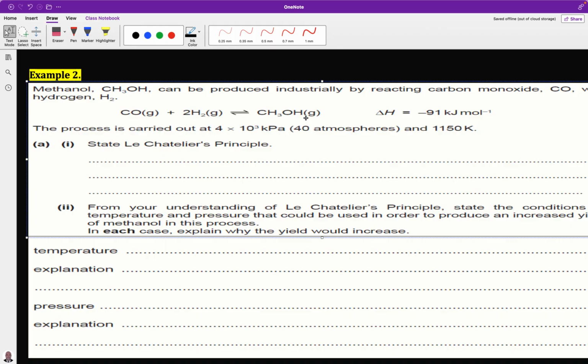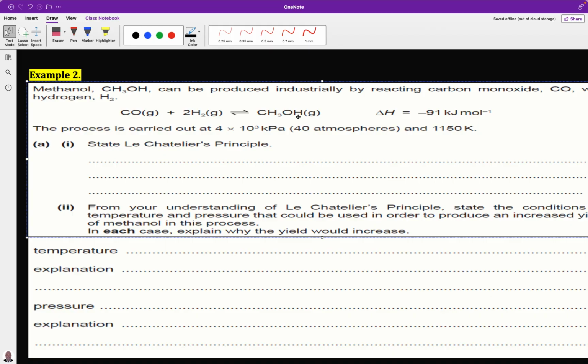Once more, at high pressure, the gaseous molecules will move in the direction of fewer gaseous molecules, reducing the pressure and favoring the production of more methanol.